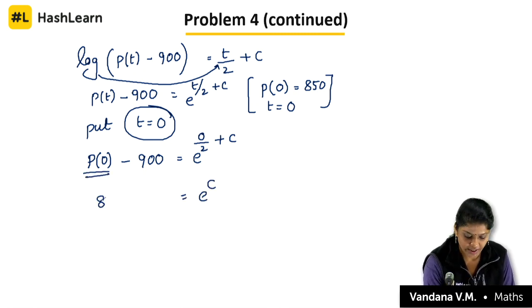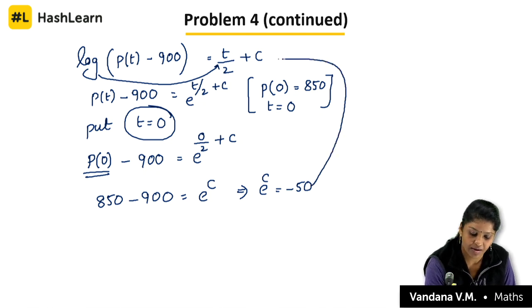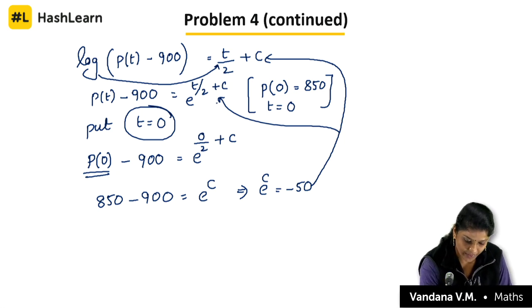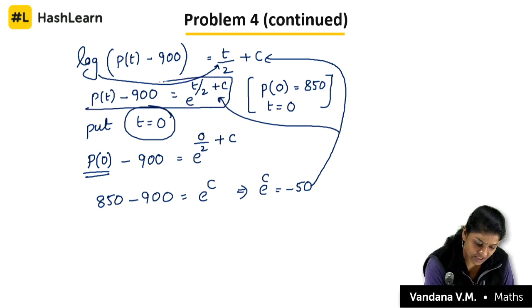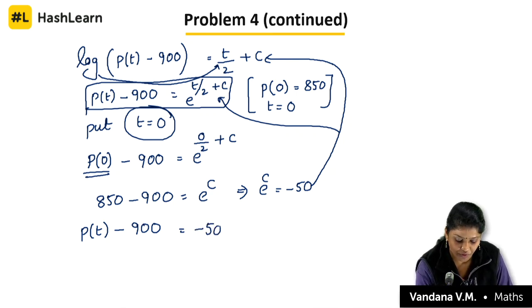P(0) is 850 minus 900. So, e power c value is minus 50. Write it in the particular solution, here or here, wherever you want. So, if I am writing over here, P(t) - 900 is equal to, e power c, minus 50, e power t by 2.